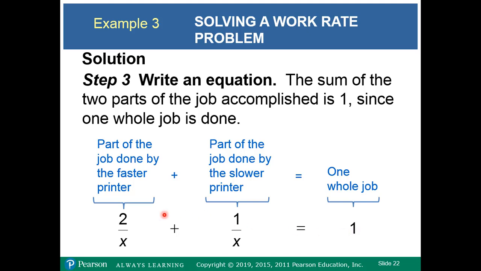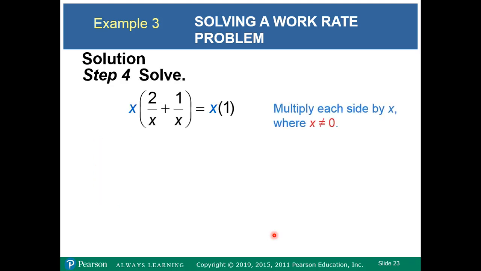If we add these, we've got a common denominator, so this becomes 3 over x. So we get 3 over x equals 1.